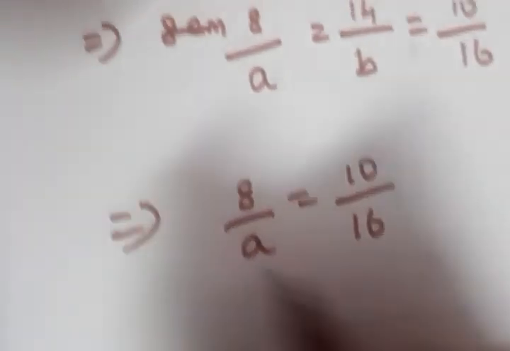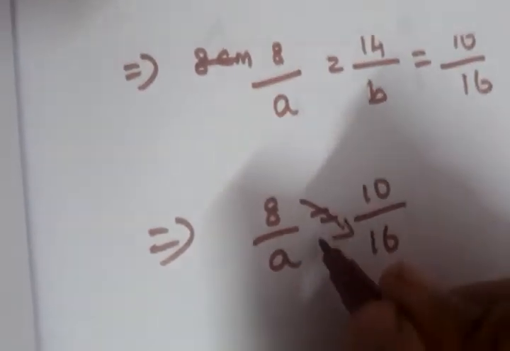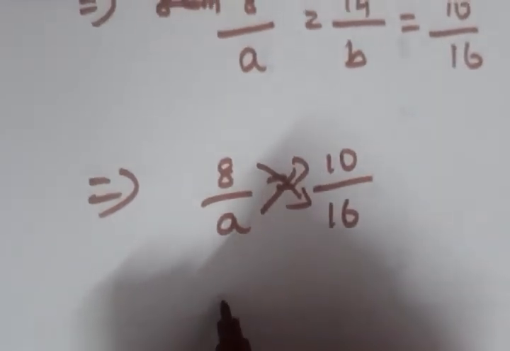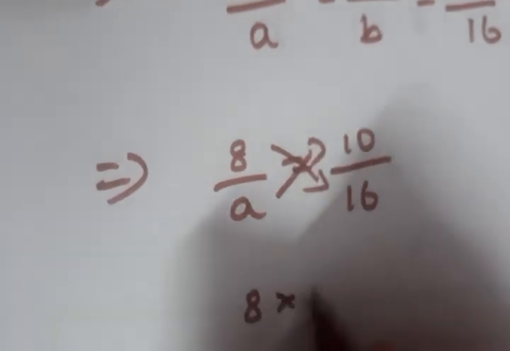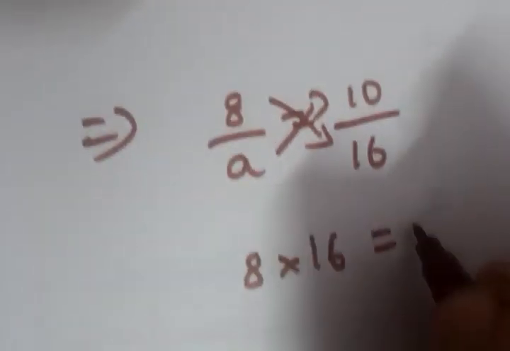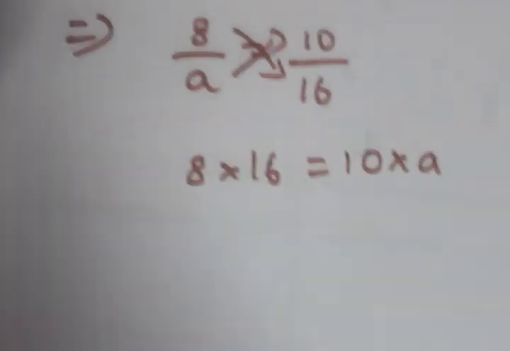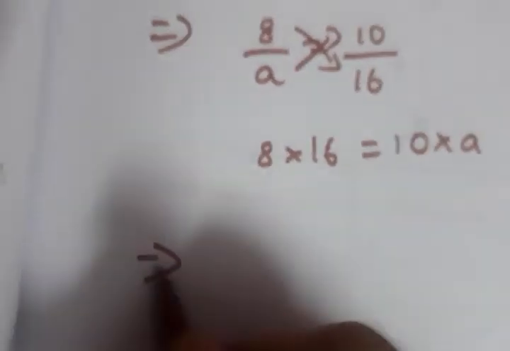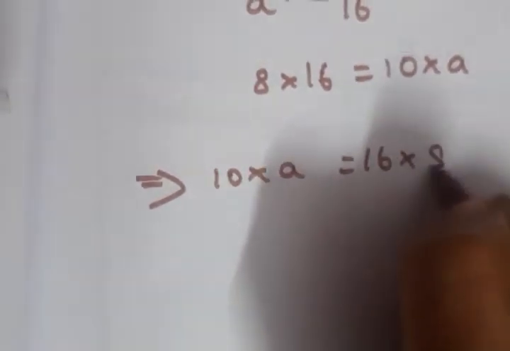Then find the value of A. Cross multiply it. 8 into 16 equal to 10 into A. So 10 into A equal to 16 into 8.